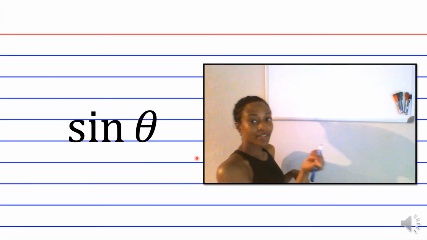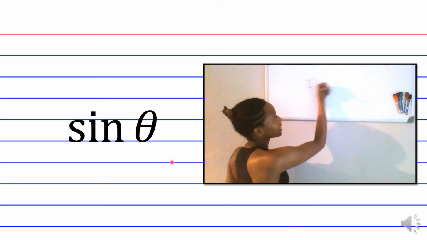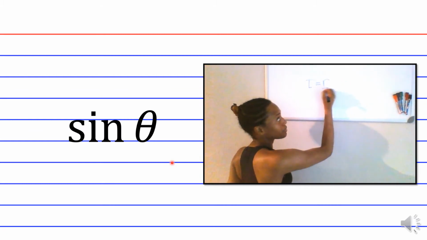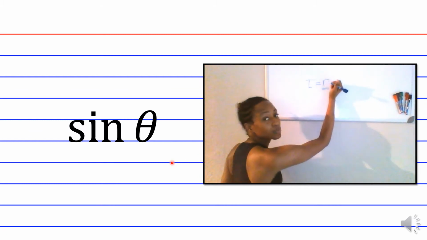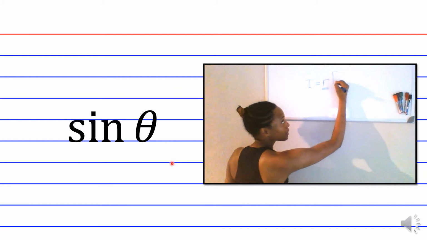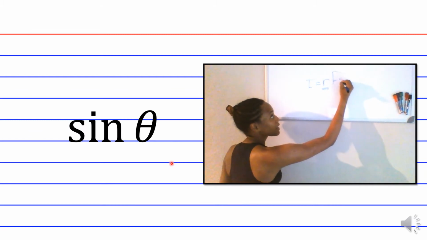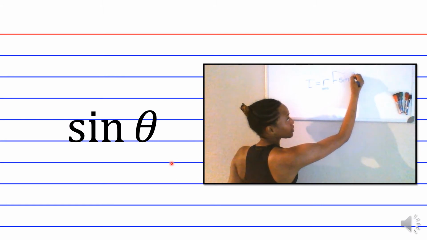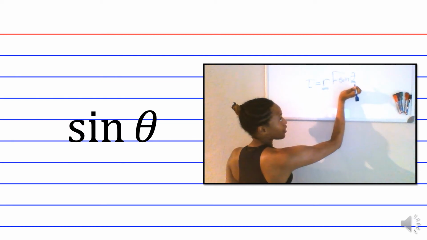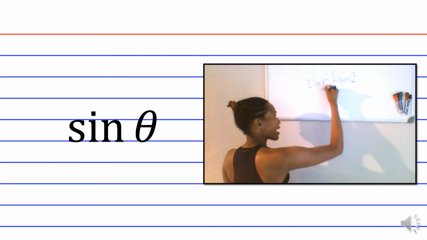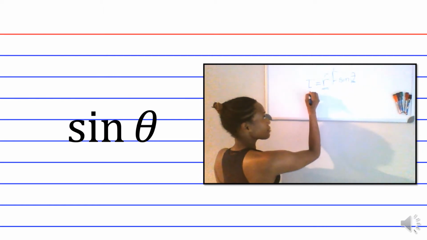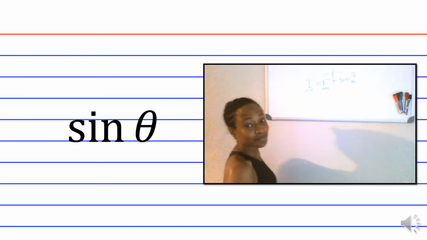Torque, denoted by the Greek symbol tau, is equivalent to the magnitude of the lever arm, denoted by lowercase r, not to be confused with a radius, times the force applied to that lever arm multiplied by the sine of theta, where theta is the angle between the force applied and the lever arm. Okay, so here you have a scalar quantity multiplied by a vector quantity, making torque a vector quantity.